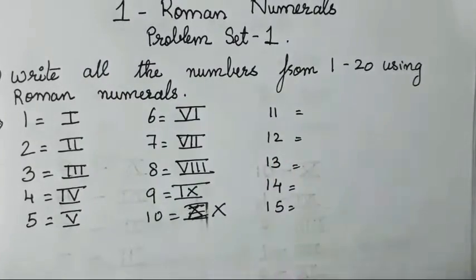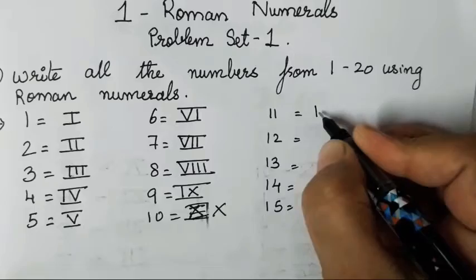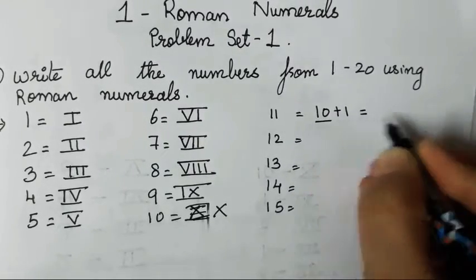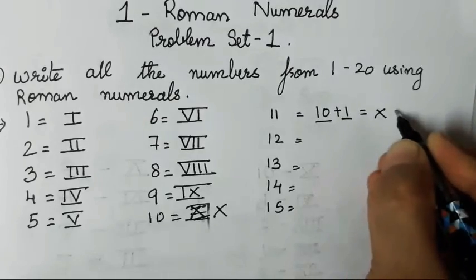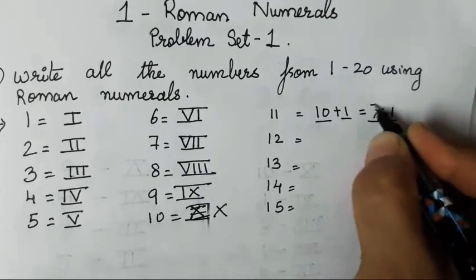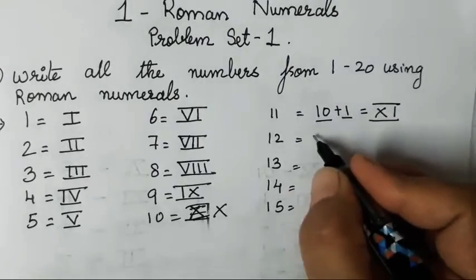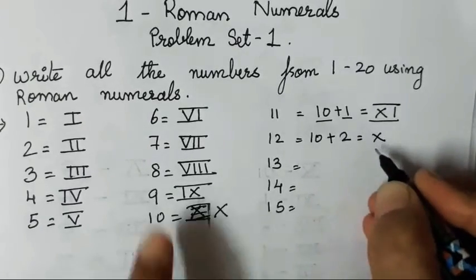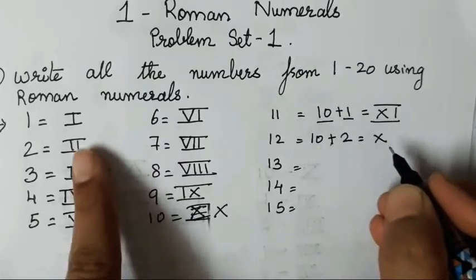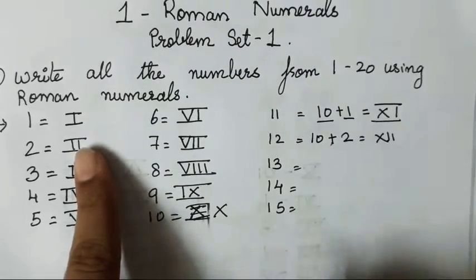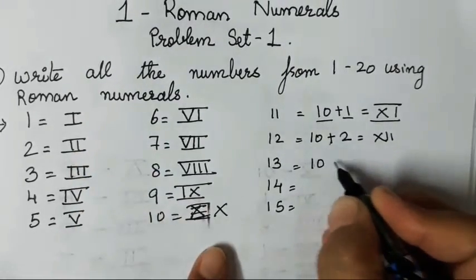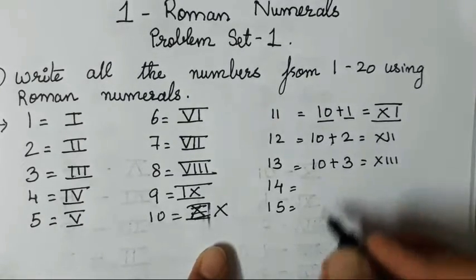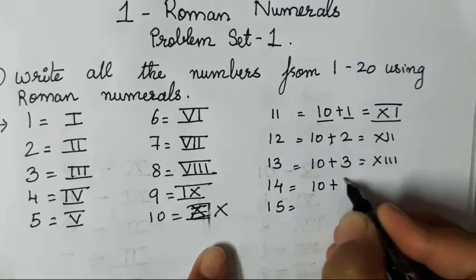Like 11, how are you going to write 11? 11 will be 10 plus 1. Okay, so 10 means X, 1 means I. So this is your 11. 12 means 10 plus 2. So 10 means X and 2 means double I. Got it? 13 means 10 plus 3, means X and triple I. 14 means 10 plus 4.